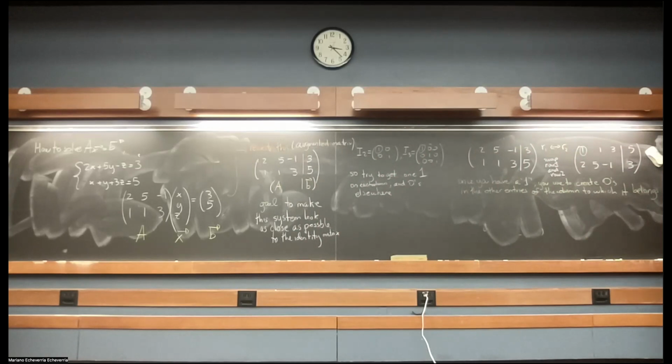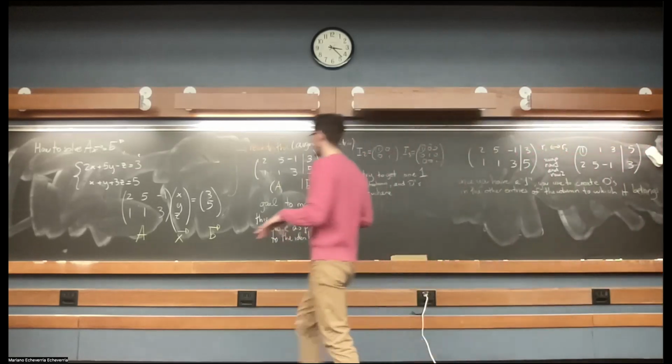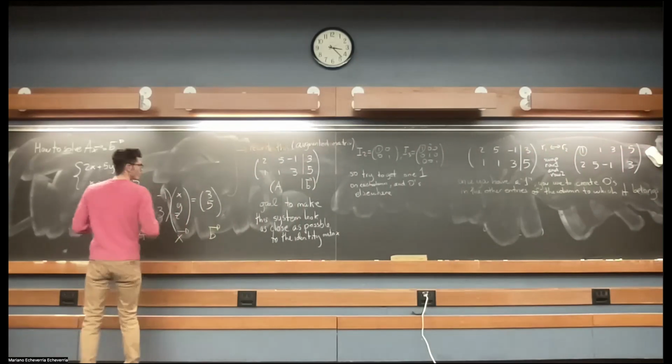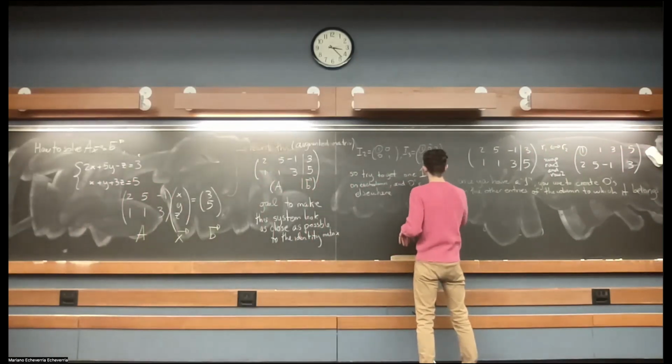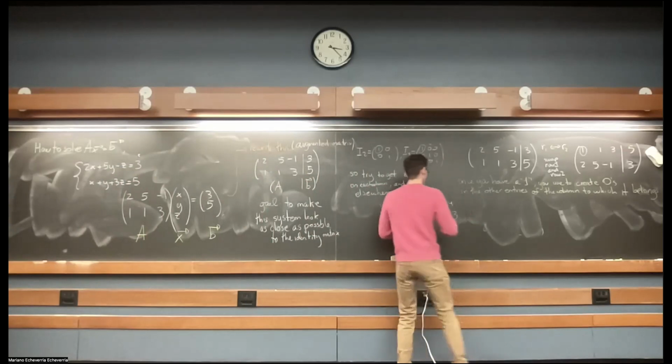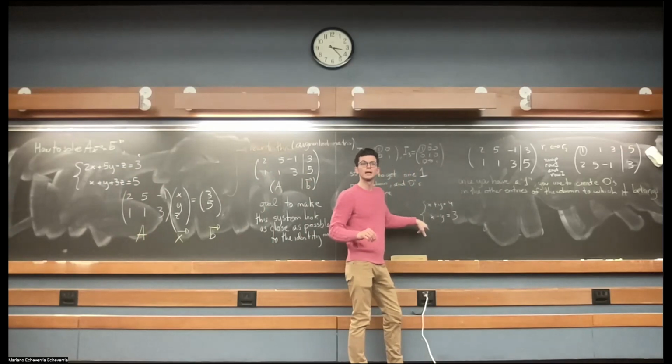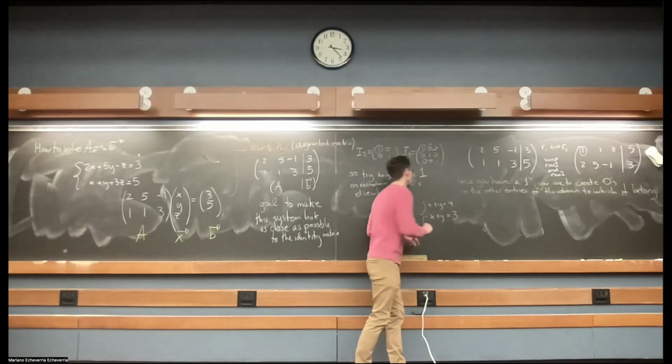Think about a baby example of this. Imagine I had given you a system like x plus y equals 4 and x minus y equals 3, or let me put it as minus x plus y.